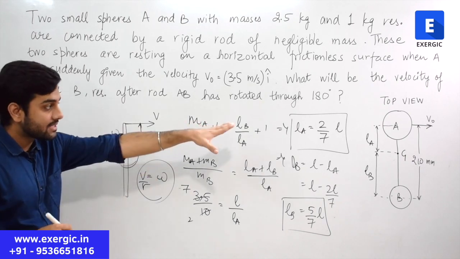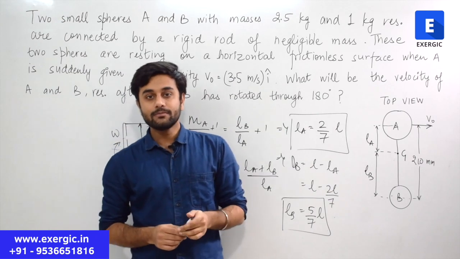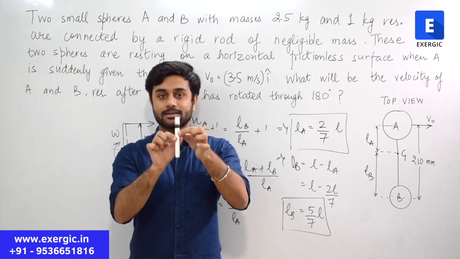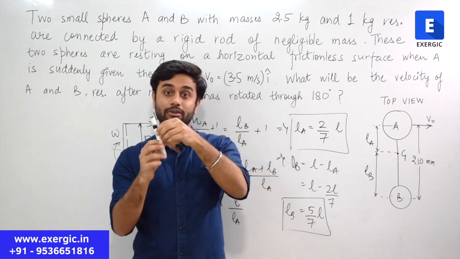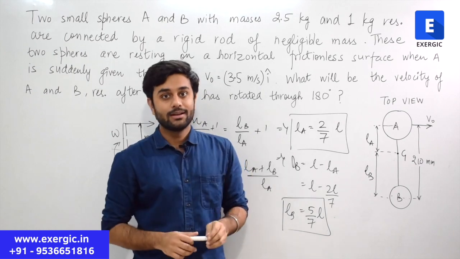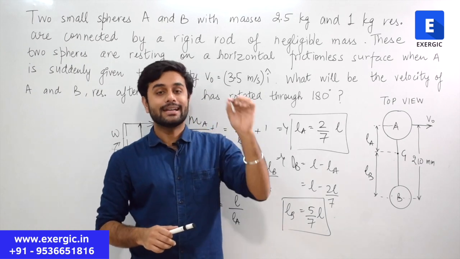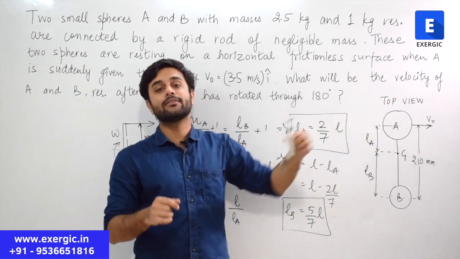So in this case, as a result of this initial velocity to A, the combined A and B system will not only have a linear velocity but also an angular velocity. If the velocity was given directly to the center of gravity, then there would have been only linear velocity.